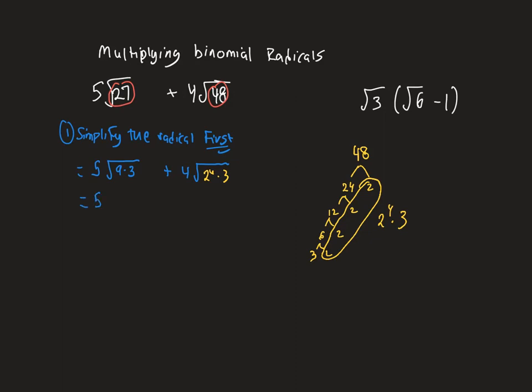So I'll have 5 square root of 9 times square root of 3 plus 4 square root of 2 to the 4 times square root of 3, which is equal to, well, square root of 9 is 3, and square root of 2 to the power of 4 is 2 squared.